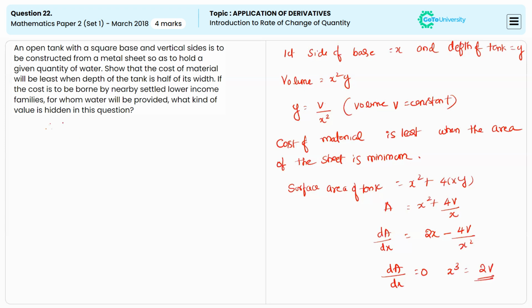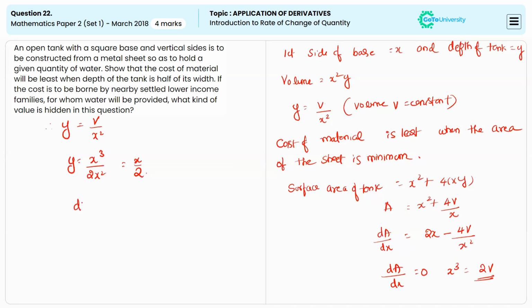Therefore, y is equal to V by x square, right? So we are going to substitute x cube is equal to 2V. So what we get is y will be equal to x cube by 2x square, which will become x by 2.